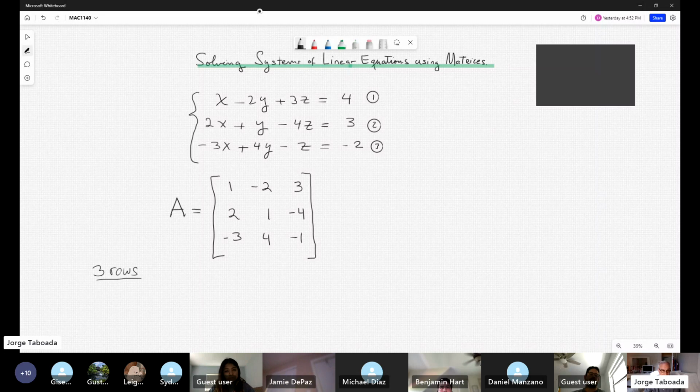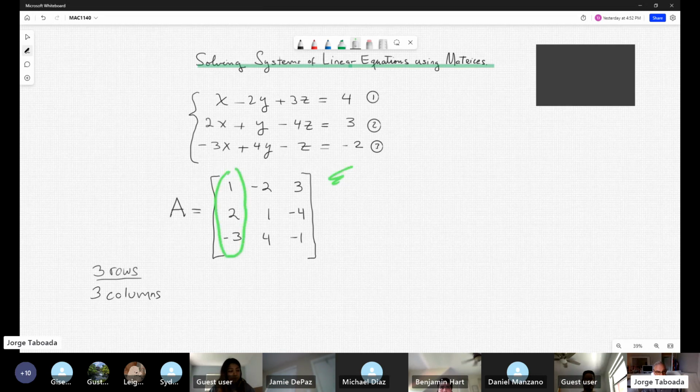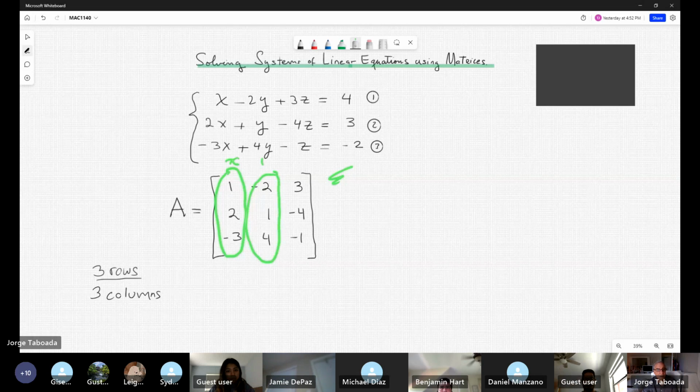And the number of columns is not necessarily the same. Columns is 3, which is, you know, 1 column for the X. So you organize the equations in standard form, this is the column for the X. This column is the column of the Y. And this column is the column of the Z.